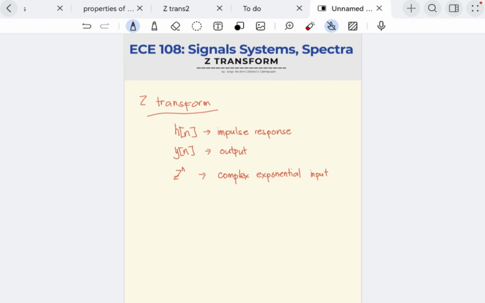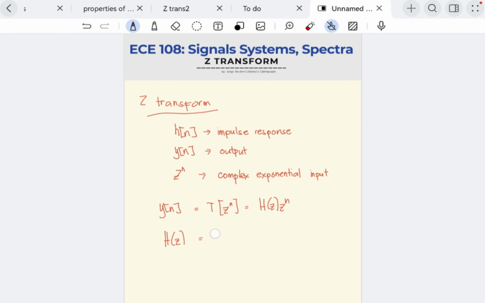So to write it down, y of n as the output is equivalent to the transform of the input response, h of z to the n. So that is equivalent to h of z.